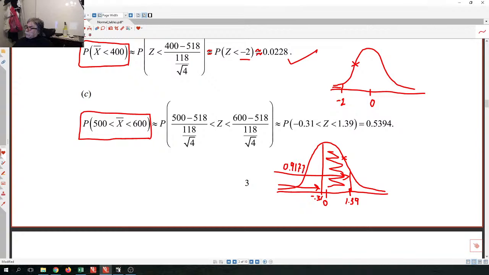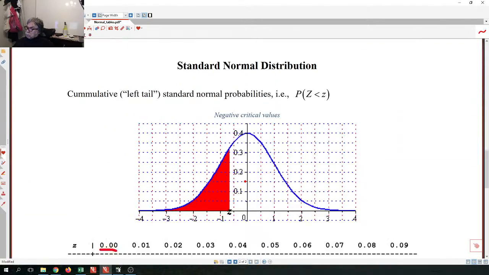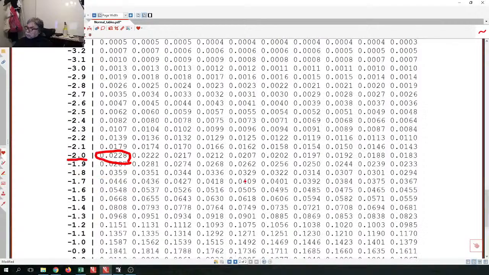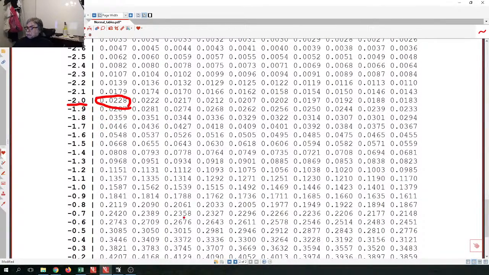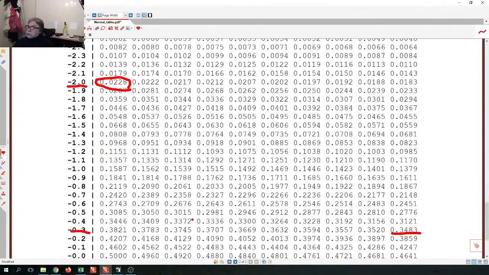And now up to negative 0.31. Excuse me, negative 0.31.